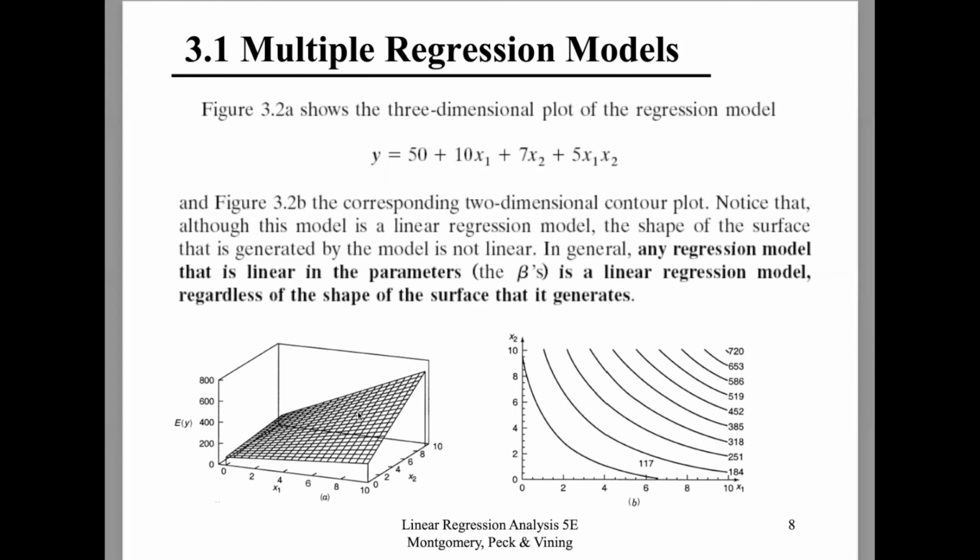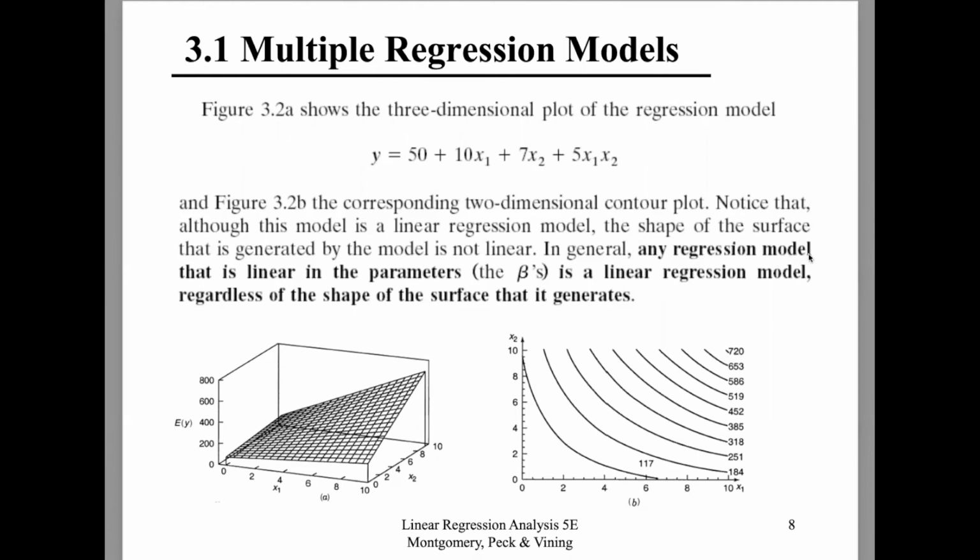And the level curves associated with that twisted plane might look something like this. All right, and so now we have a more complicated response surface that we can use to model the response that we're interested in. So this statement here on this slide is what we were saying just a few minutes ago.